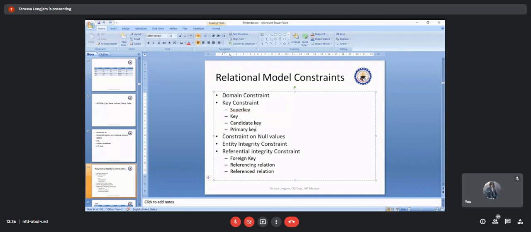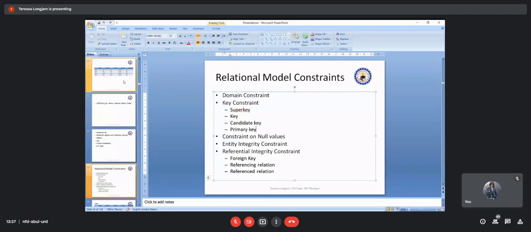The next constraint is constraints on null values. For a particular attribute, we can specify whether null values are allowed or not. Such a constraint is known as constraints on null values.